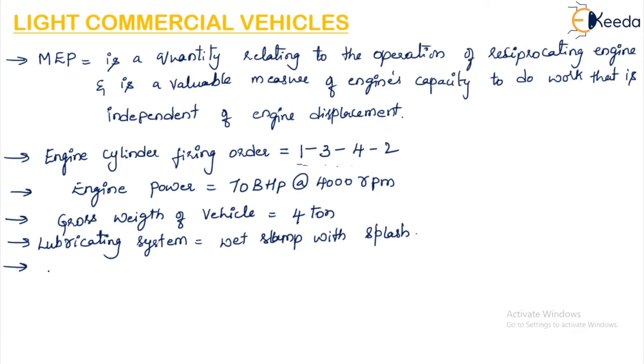Then what is the type of gearbox used? The gearbox used is 5 forward speed and 1 reverse speed. Till now we have seen a 5 speed synchronous type manual gearbox. Here the gearbox differs in this vehicle, that is the light truck. In this, a 5 forward speed and 1 reverse speed synchronous type manual gearbox is used.